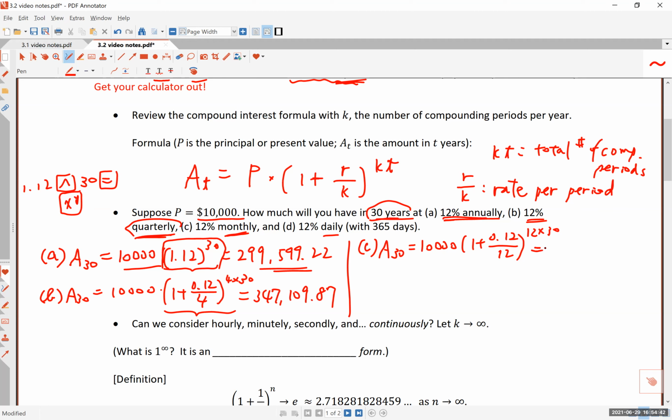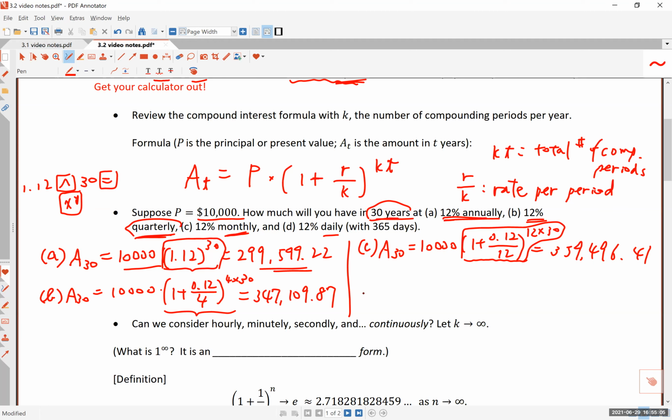If you do this, again, I recommend that you do this part first. So that would be 1.01 raised to the 360th power, right? And that's going to be 359,496.41. Okay, a lot of money, all right?